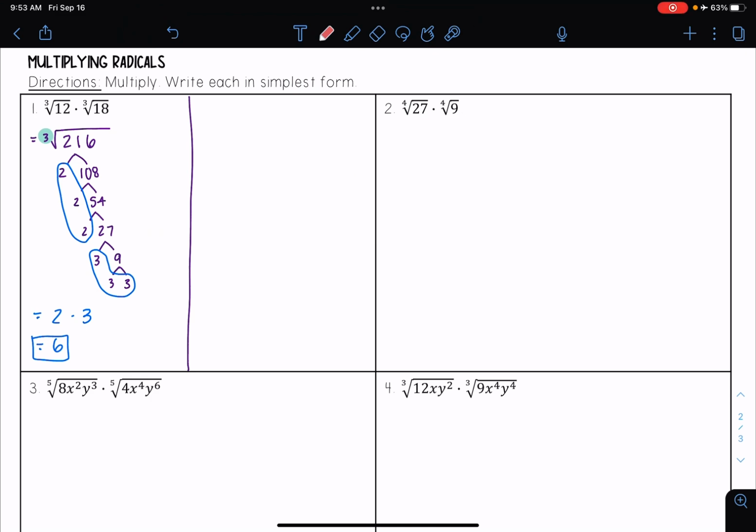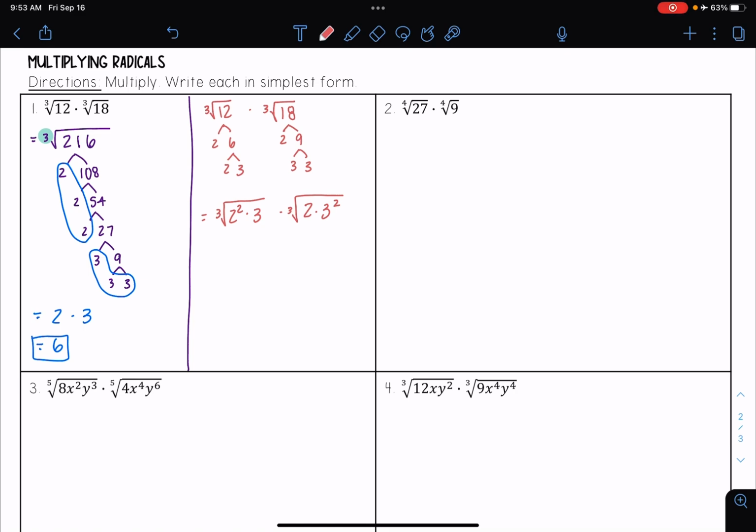Another way you can do it is to actually break apart each of these into their factors. 12 can be 2 times 6 and 2 times 3, so I can rewrite this as 2 squared times 3. 18 is 2 times 9, and 3 times 3, so that becomes 2 times 3 squared.